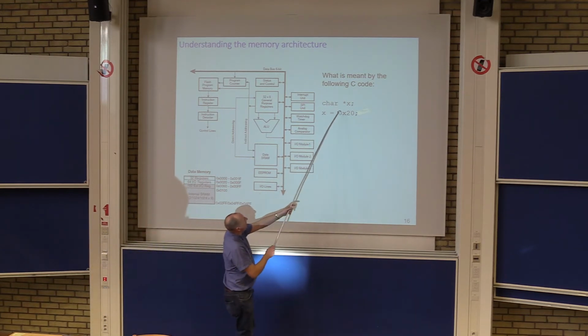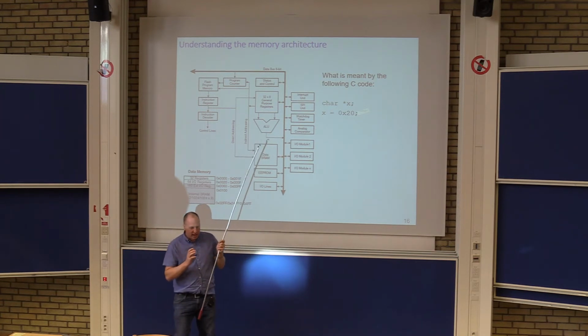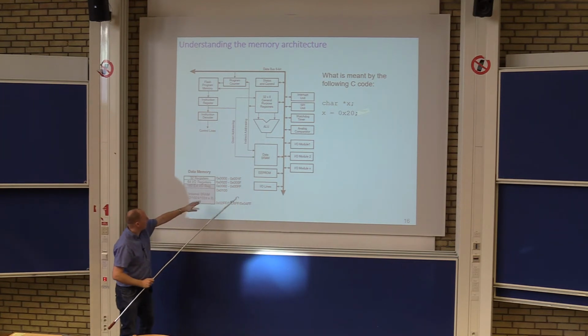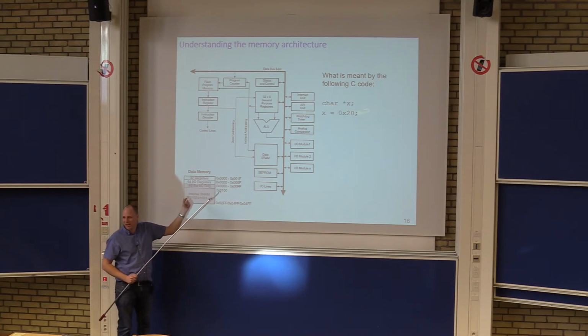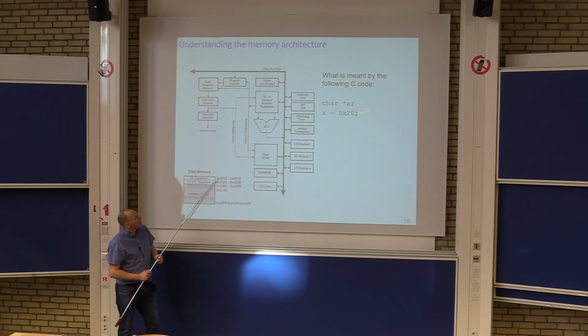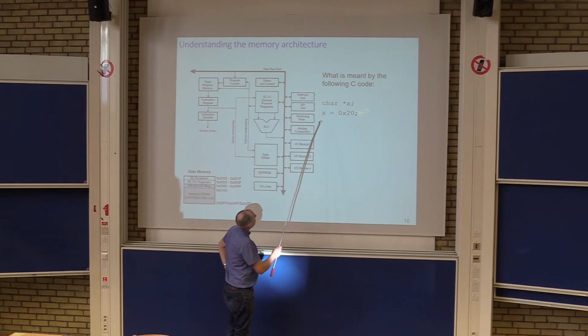So x in this case will be allocated inside the main memory here, and it will use 2 bytes. So 1 byte is typically 8 bits. So we will have 2 bytes here because it was 16 bits, to store this.